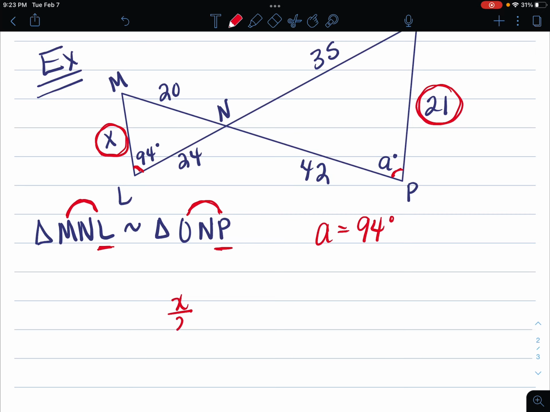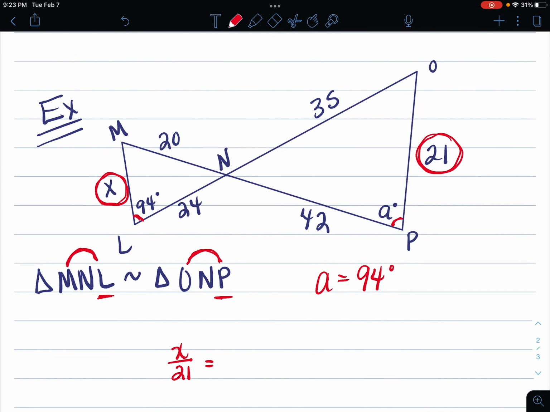So I'm going to make that my first ratio, X over 21. From there, I can pick any other two that I have. For example, MN is going to correspond to ON. So that's going to be my 20 and my 35. So I would have 20 over 35.